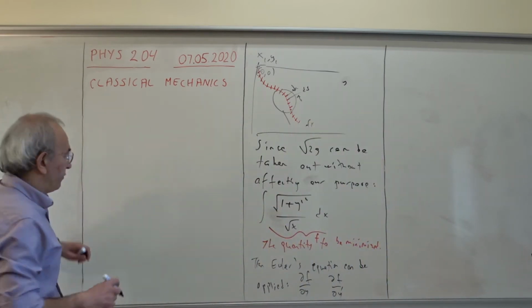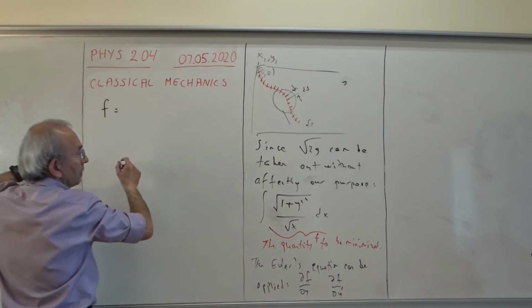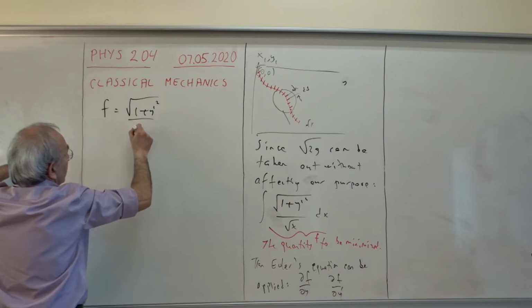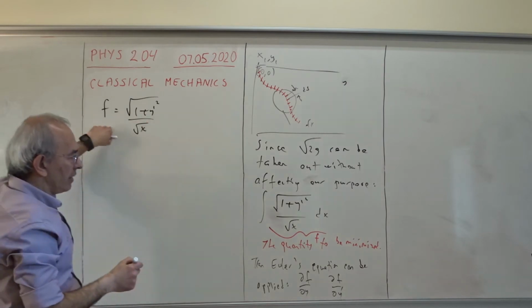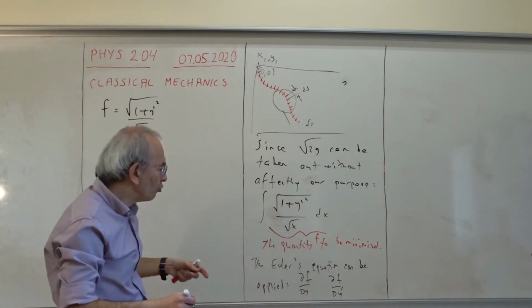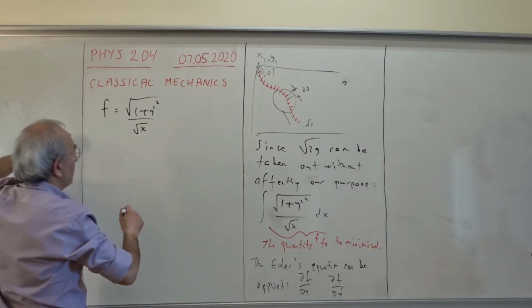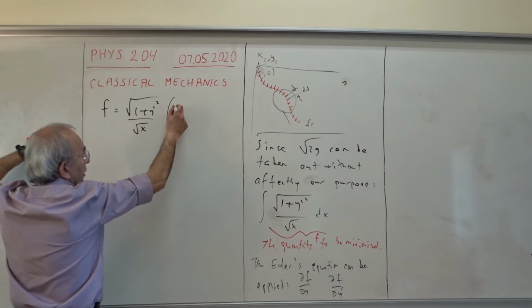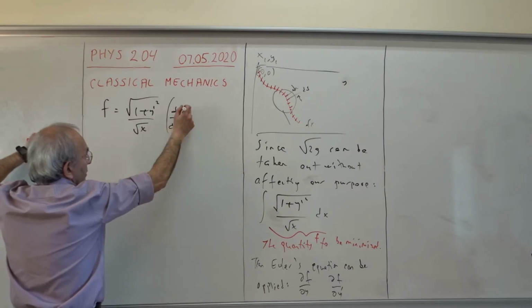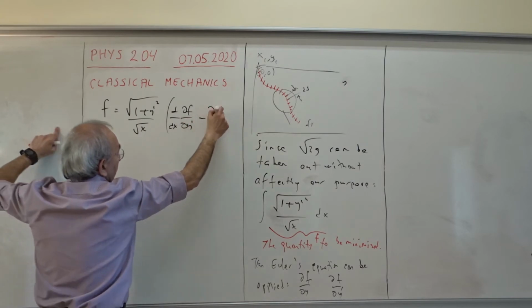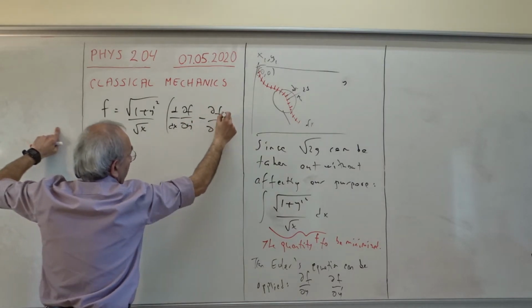Let's first write f. This little f is simply root of 1 plus y prime squared, divided by root x. Then, what is del f by del y? Why do we need these, first of all? Of course, we will put them in the expression. Remember, d by dx of del f by del y prime minus del f by del y equals 0.